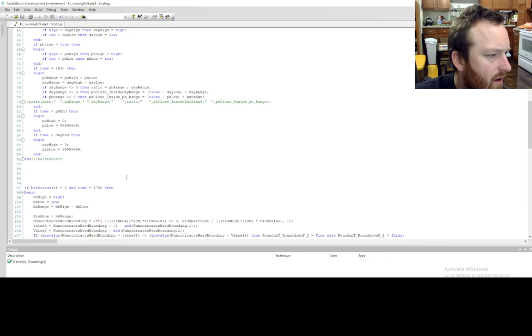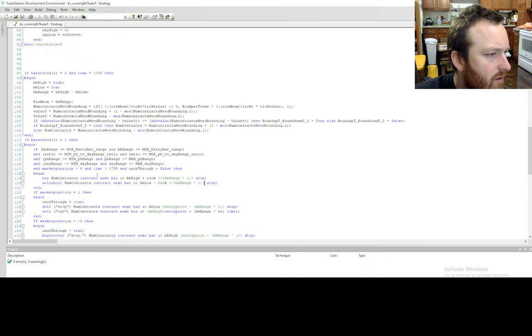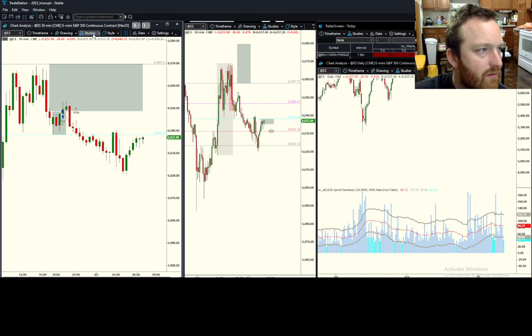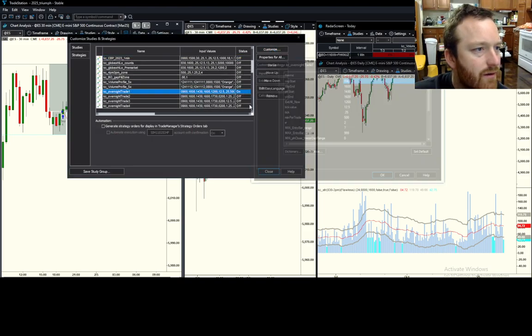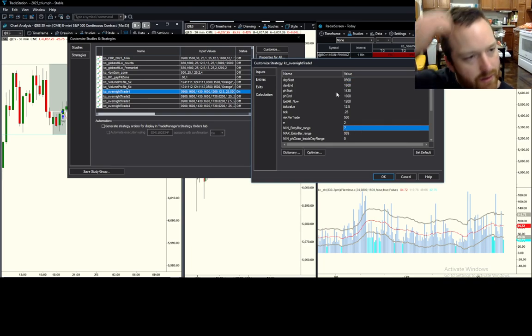Aren't we doing average? Minimum entry bar range. Yeah, we are doing a little bit of an average. The average is about 8 to 9. It has to be over 7, I think. Yep, 7. So the entry bar cannot be tiny.